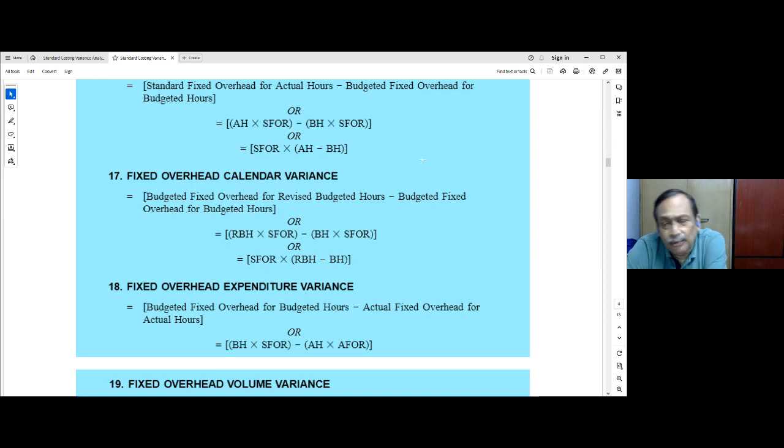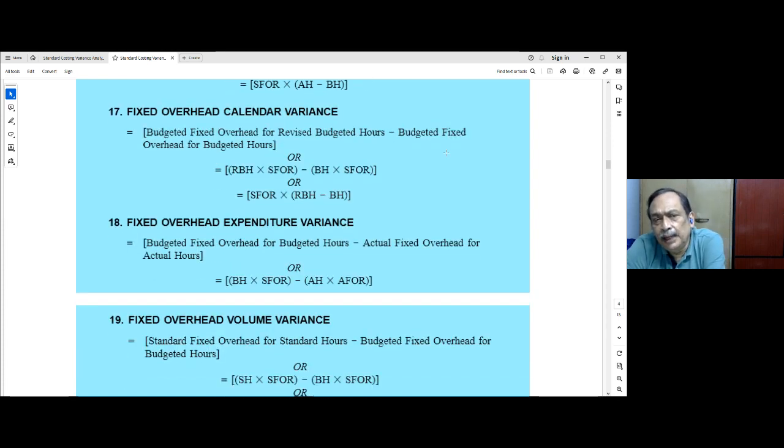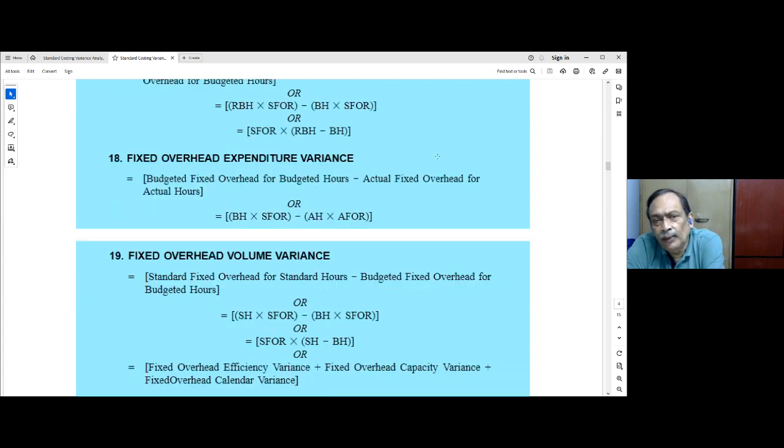Then fixed overhead calendar variance is the difference between budgeted fixed overhead for revised budgeted hours minus budgeted fixed overhead for budgeted hours. Or we write RBH into SFOR minus BH into SFOR. We take SFOR common, then it will be revised budgeted hours minus budgeted hours.